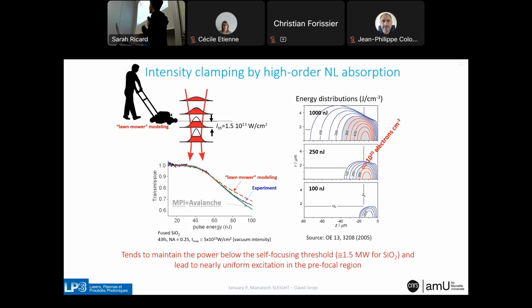And everywhere in the prefocal region where I have deposited energy, I have deposited it with the same intensity level, which leads to this very uniform excitation of the material. But again, I'm dealing with an experiment where I cannot expect to perform a modification at an intensity level of more than 10 to the 13 watt per square centimeter, even if it was very interesting. That's also something very specific to the bulk interaction.